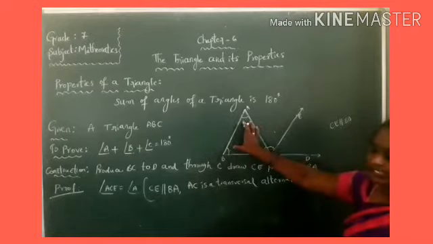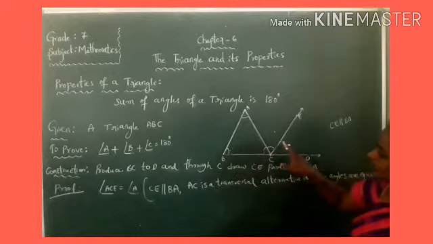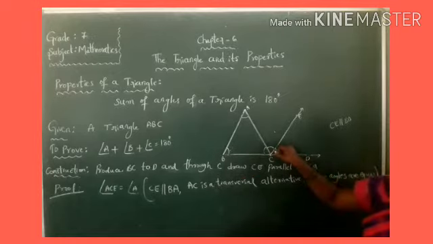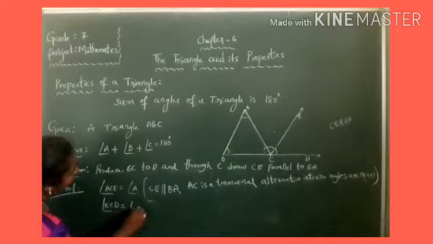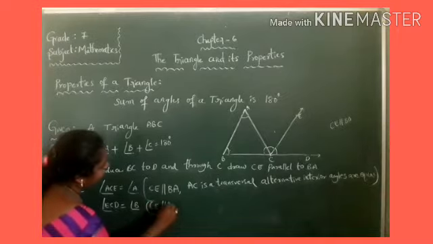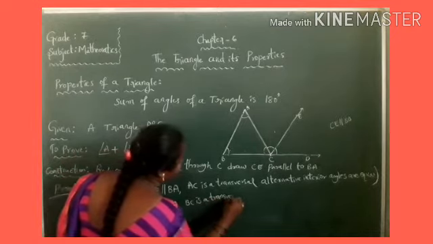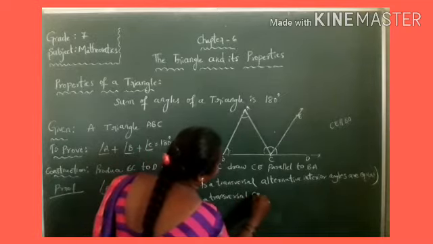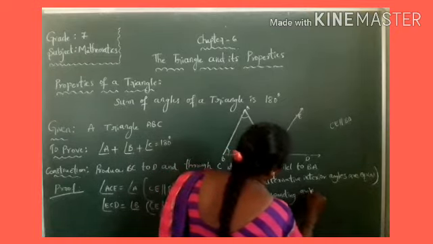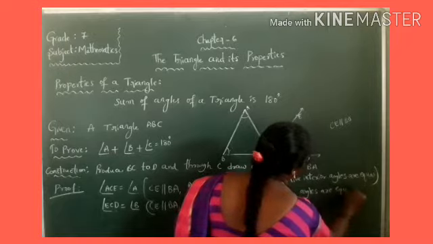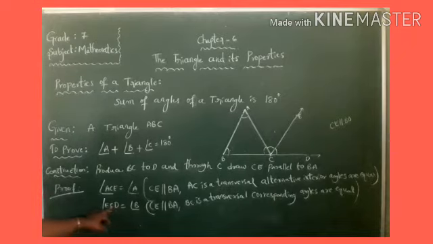CE and BA are two parallel lines and BC is a transversal, then the corresponding angles are equal. So angle B is equal to angle ECD.